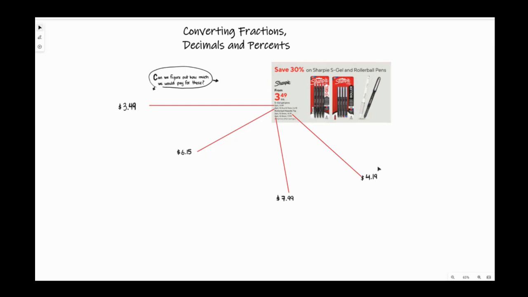Okay, so I'm going to look at this one first, the 3.49. To do this, we want to set up our equation first. And if I want to set up the full equation, it would look like this.